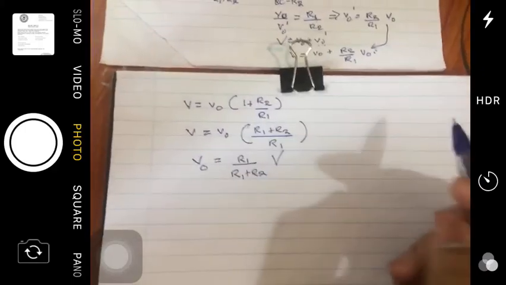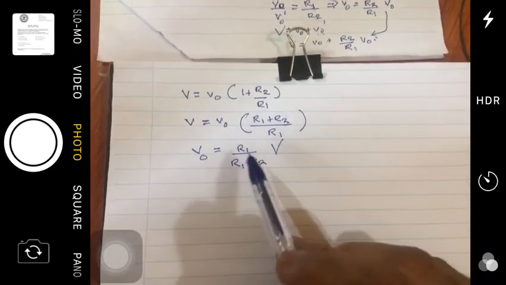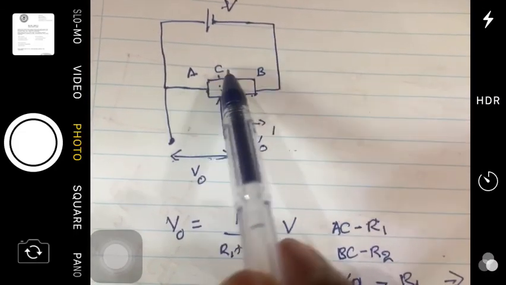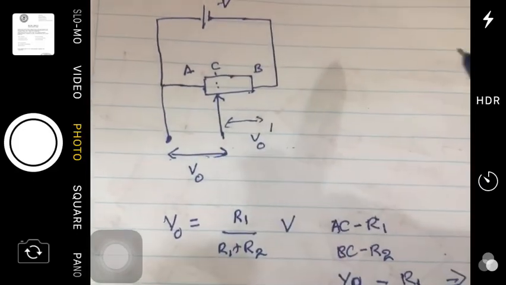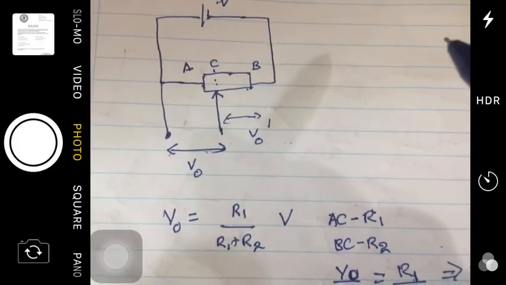Now this R1 and R2 depends on the positions of C. R1 is AC's resistance, the resistance of the part AC, and the resistance of the part BC, R2.